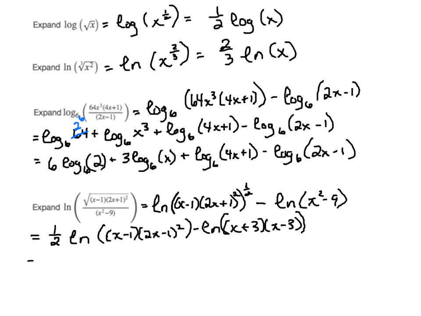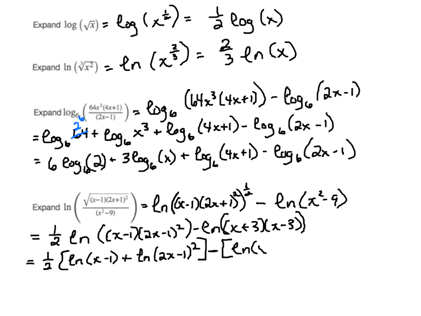Okay, so my next step is to say, this is the same thing as 1/2 times the ln of x minus 1 plus the ln of 2x minus 1 squared minus the ln of x plus 3 plus the ln of x minus 3.